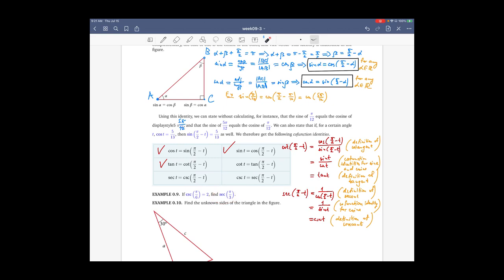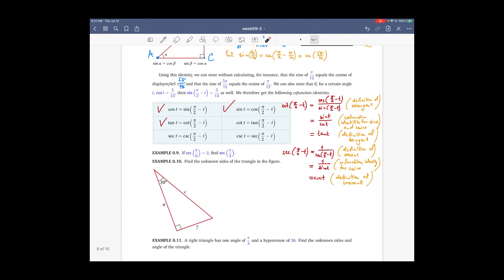We note, of course, immediately that pi over 6 and pi over 3 add up to pi over 2. Right, because the sum is 3 pi over 6, which is, of course, pi over 2.